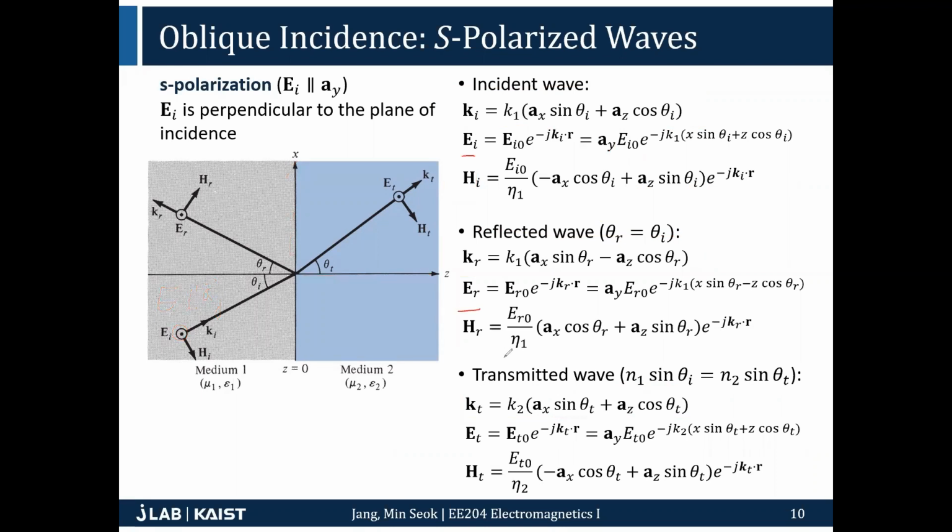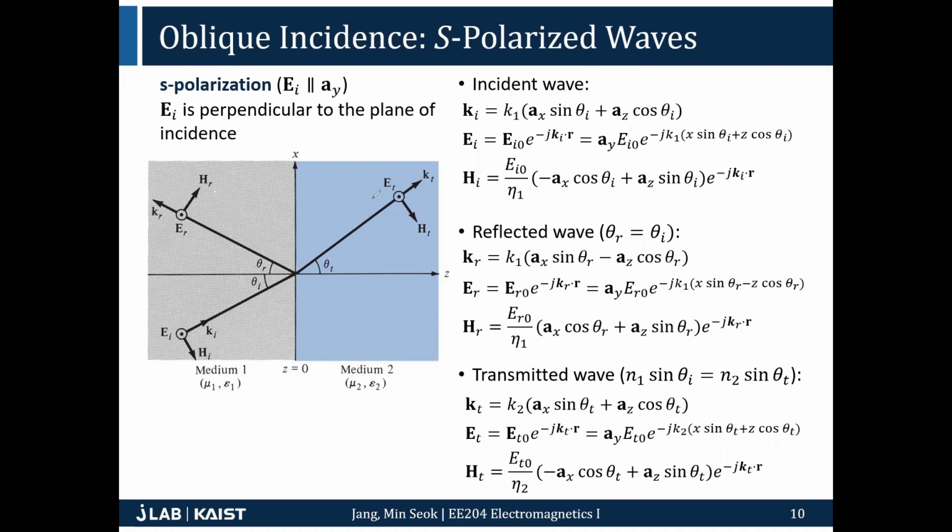And here too, E_r has only a y component, and E_t also has only a y component. This is forced by the choice of polarization here. Now you have this, and what's left is finally applying the boundary conditions.